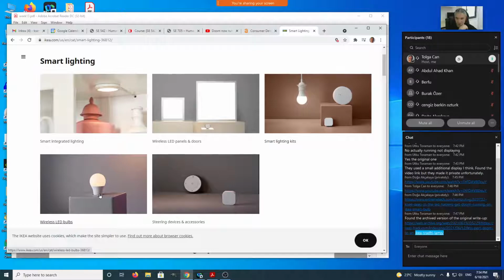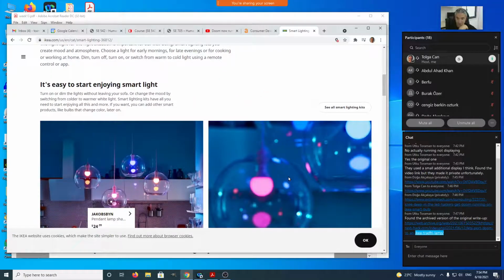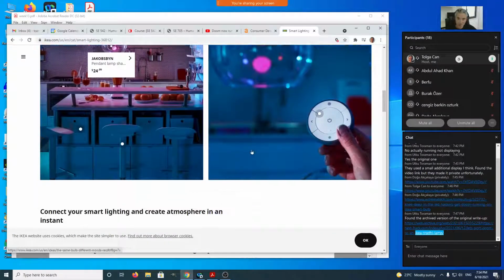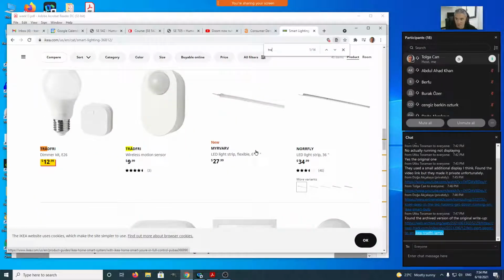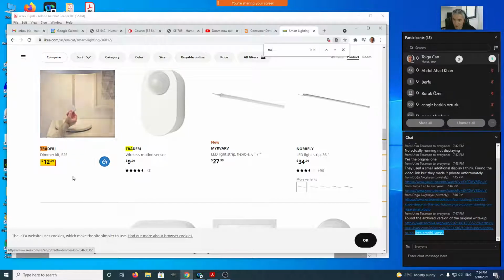So: wireless LED bulbs, steering devices, accessories, smart integrated lighting. Which one is that? Thread-free. This one is about $12. Oh, okay, so this also seems like a regular light bulb.